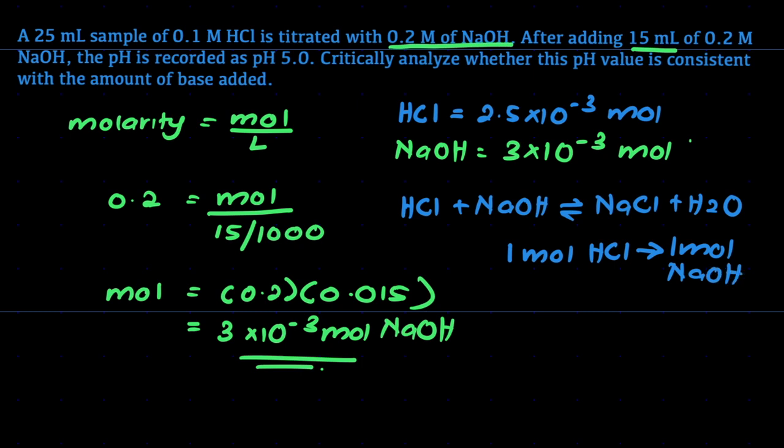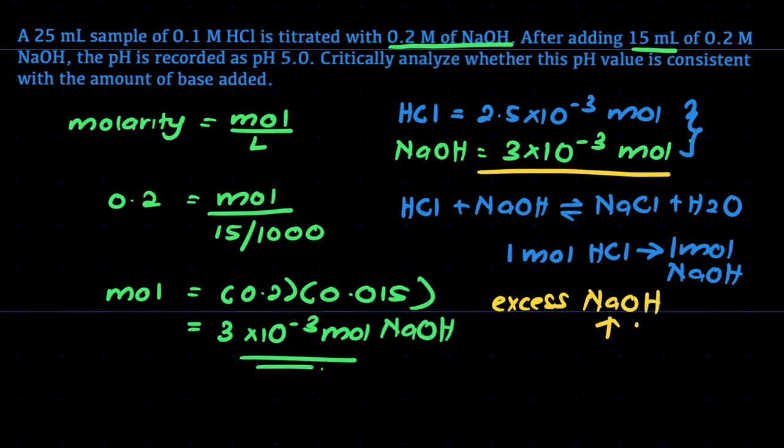So if you compare between these two, apparently the NaOH is more than the amount of HCl available. Therefore, we can say that we have an excess amount of sodium hydroxide. So excess NaOH, and your NaOH is a base.